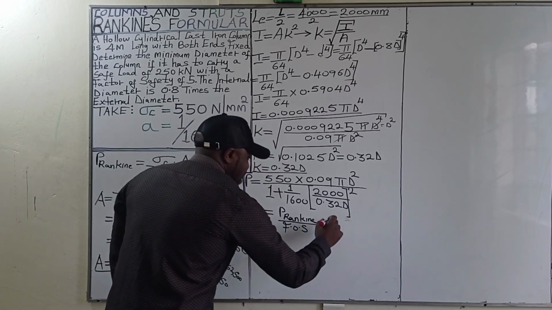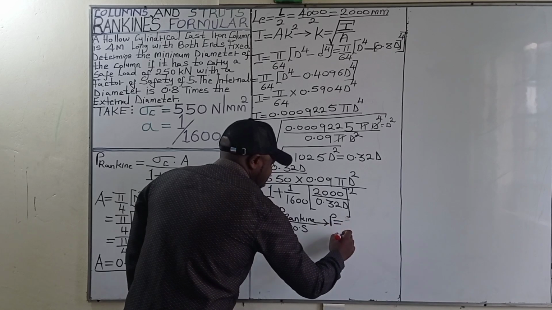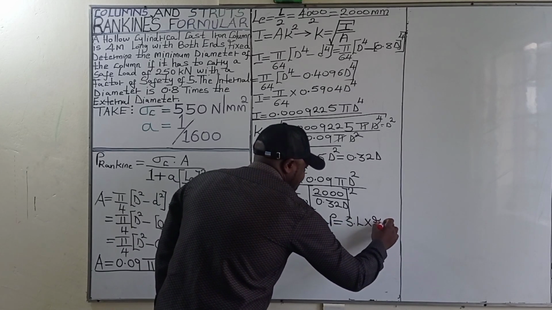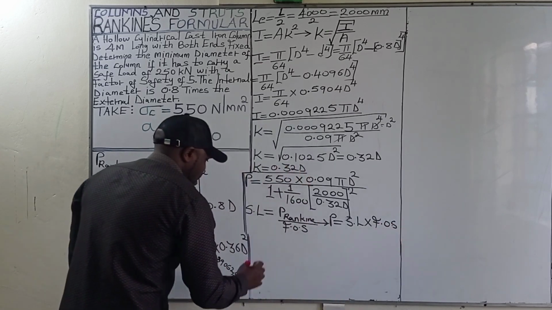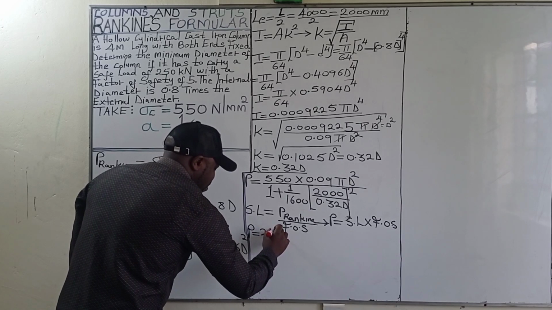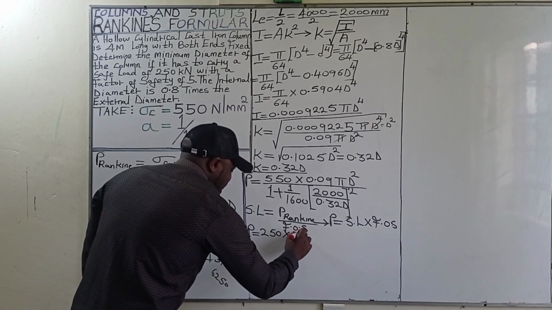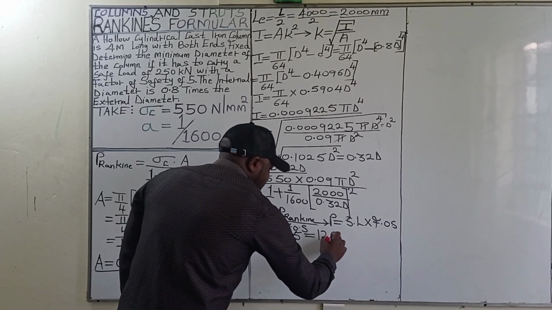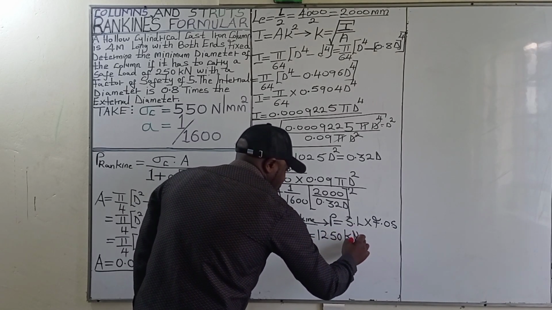Therefore, P Rankine, the crippling load, will be given by safe load multiplied by the factor of safety. Therefore, P Rankine will be given by safe load is 250 kilonewtons, factor of safety is 5, and this is going to be 1250 kilonewtons.